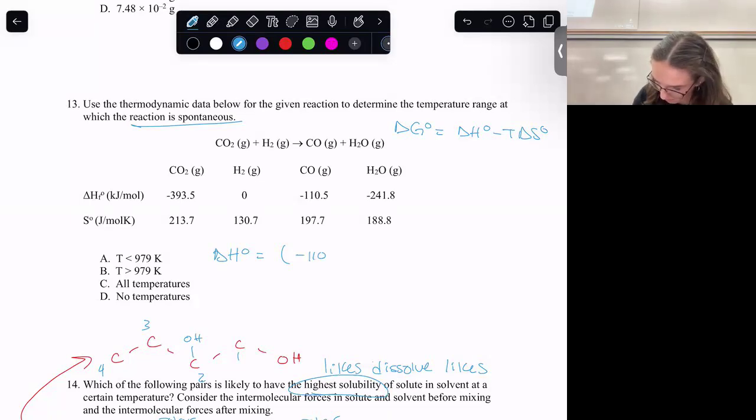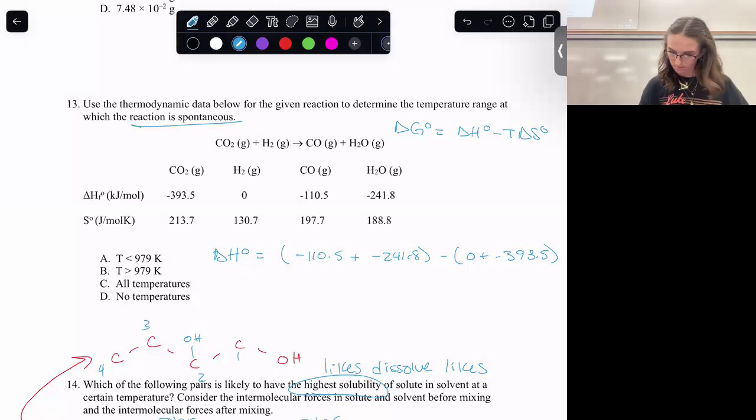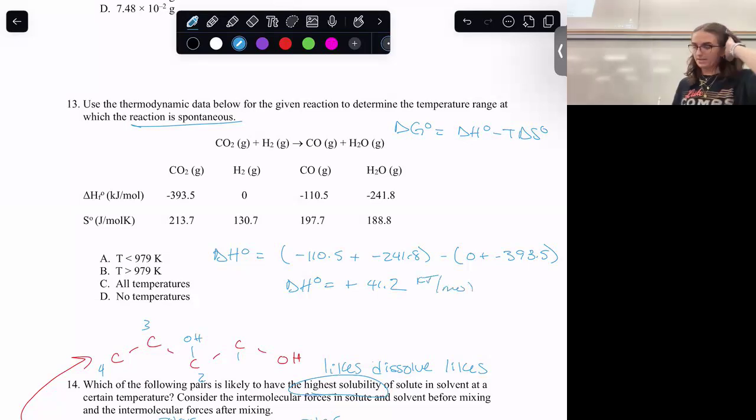So then we have, okay, right, so we have delta H is plus 41.2 kilojoules per mole.